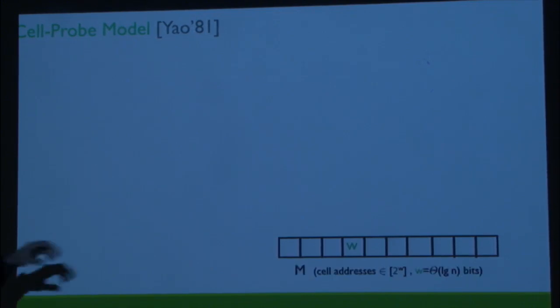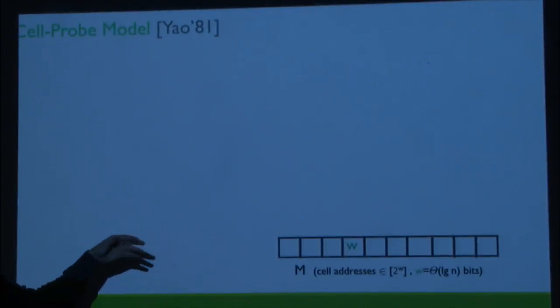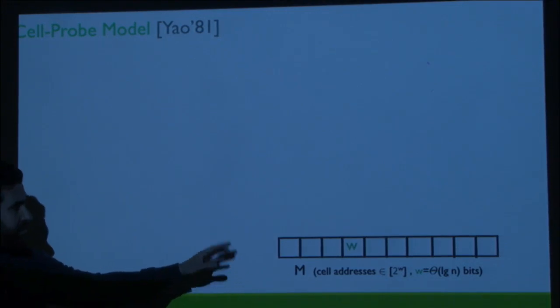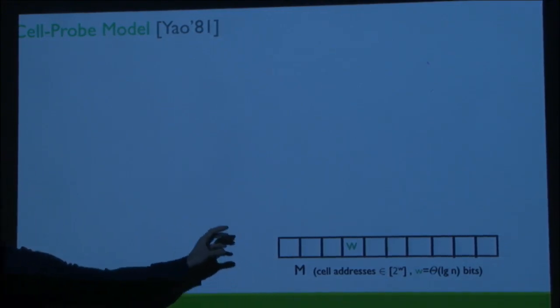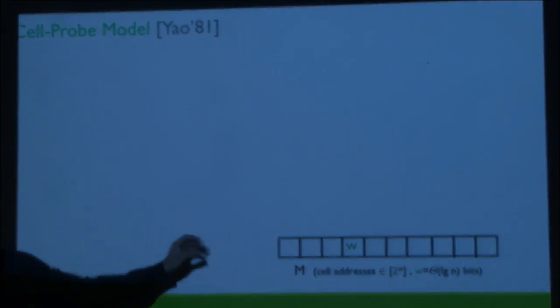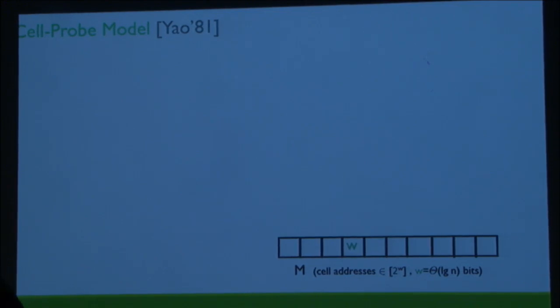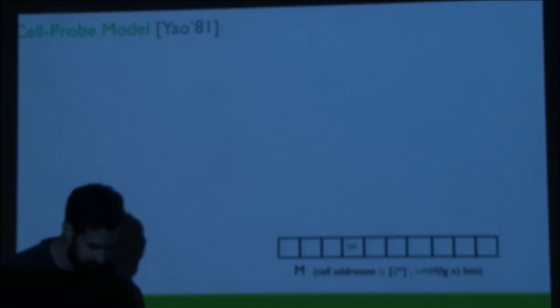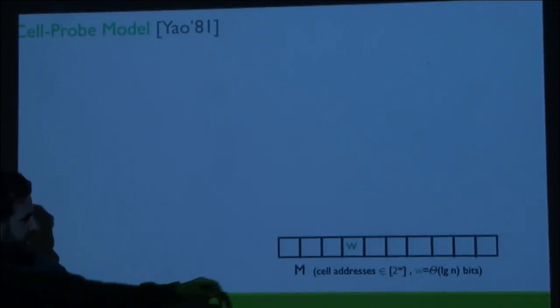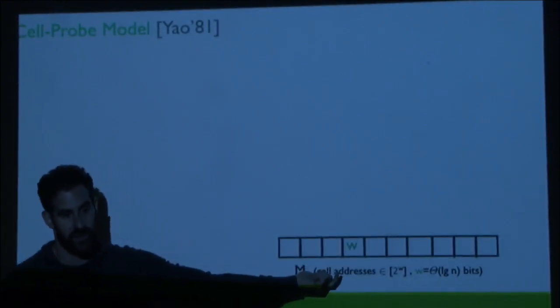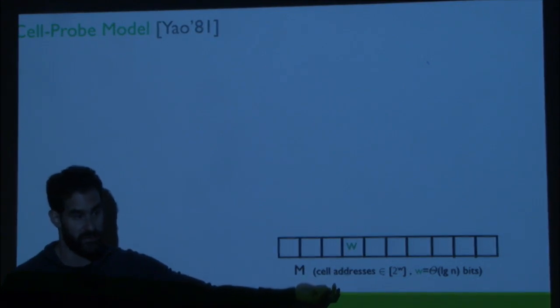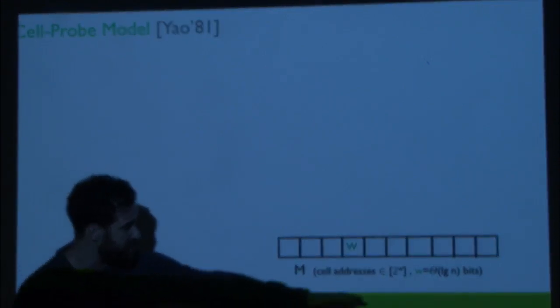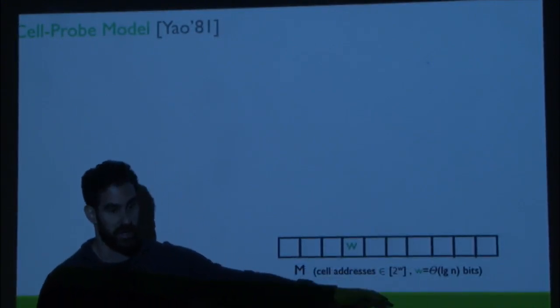So in the cell probe model, a data structure, a dynamic data structure in this case, is nothing else but a consecutive array of cells, of integers, where each cell in the array can store w bits of information. So w is called the word size, and it's typically set to log n.